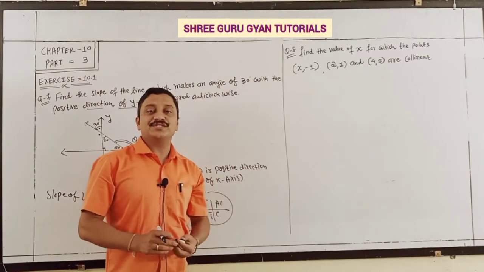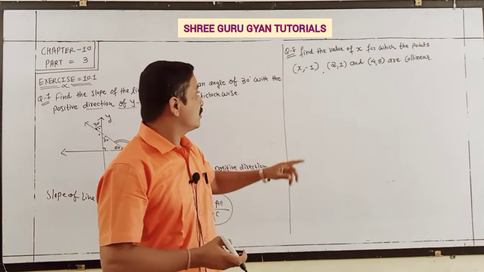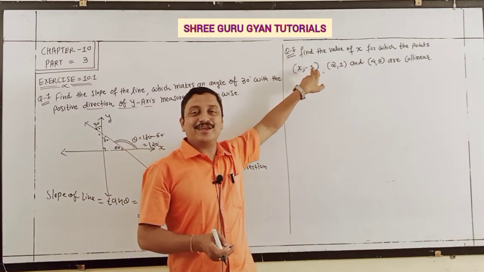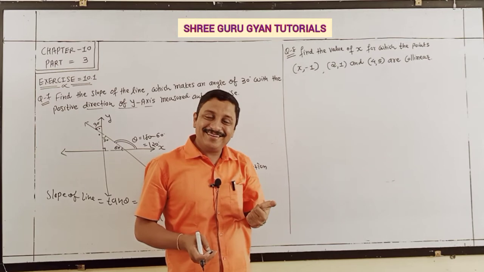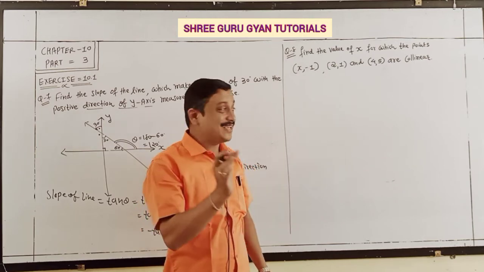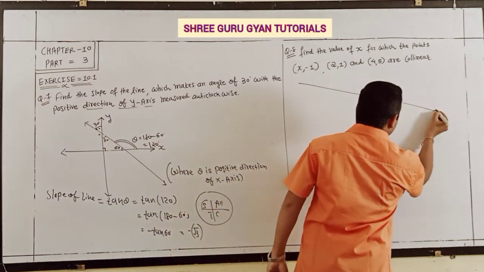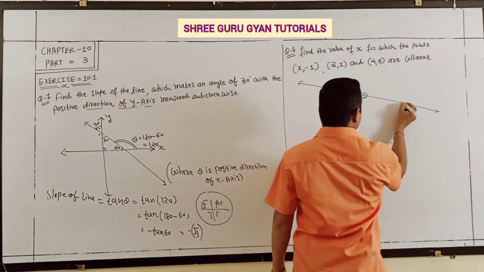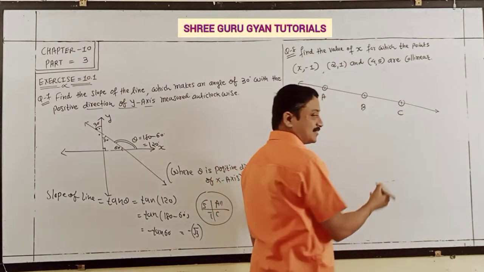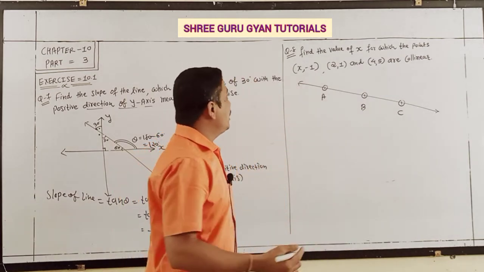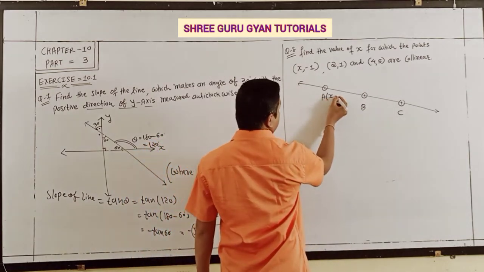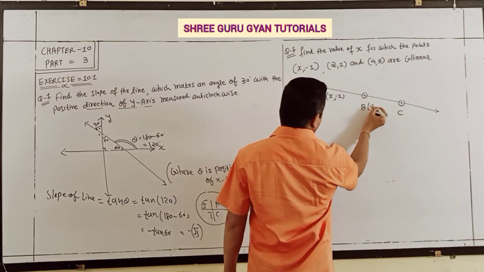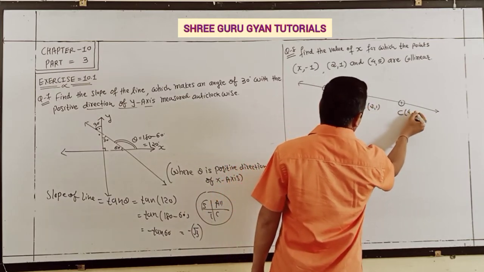Now continue, students, question number 8. Find the value of x for which the given 3 points are collinear. Collinear means they lie on the same line. Just I draw one line here, and you take 3 different points A, B and C. A I have x comma minus 1. B, I am taking 2, 1, and third C, 4, 5.